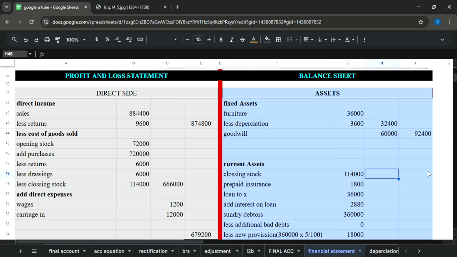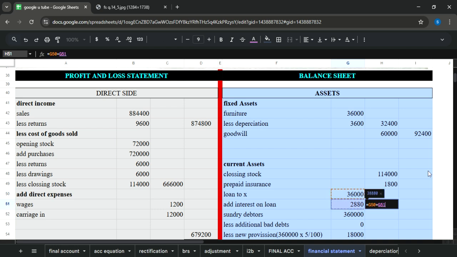Closing stock is not needed to calculate, 114,000. We will write it over here. Now next is your prepaid insurance. This would also be written outside, 1800 prepaid insurance. Then you have your loan to 36,000, and you will add its interest.